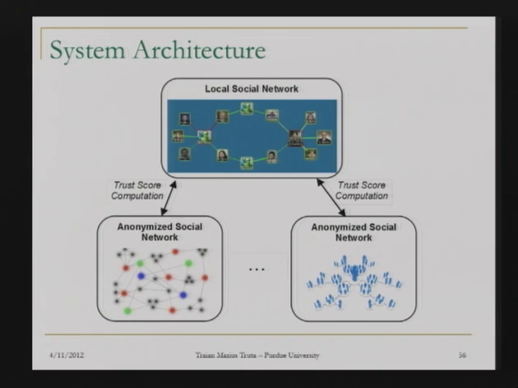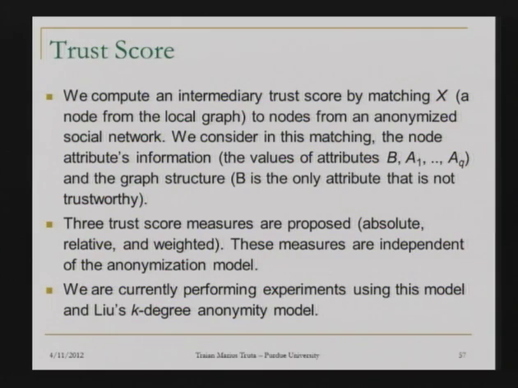And then the owner of the social network is able to compute a trust score using each social network individually and then combine those trust scores such that it will reveal whether some individuals in a social network will have information which is non-trusted, so they'll just fake some information. Here is a little bit of explanation about those trust scores.